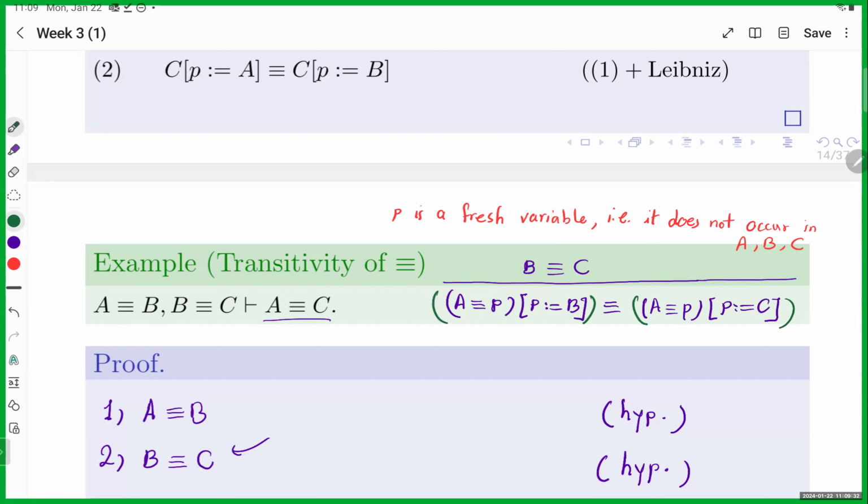This is an instance of my rule of inference, Leibniz. I pick the formula, in this case A is equivalent to P. If I plug in B or C, I get equivalent formulas. With this, I get this formula. Now, what are the results of these substitutions?